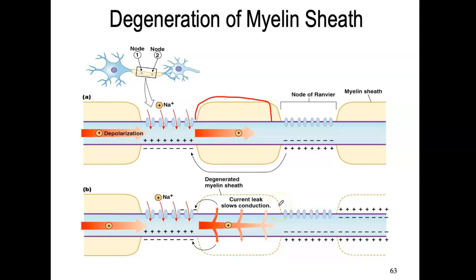Notice how the sodium channels are here in the nodes of Ranvier, and this is deteriorated, and what happens in these regions then, instead of having an action potential that's just driving through here, it's leaking ions. And that current leak is going to slow down the conduction, and sometimes so badly that it doesn't actually reach the other end, which sort of goes against our all or none, but that is in the case of MS, multiple sclerosis.